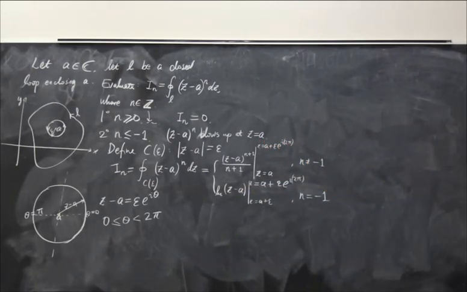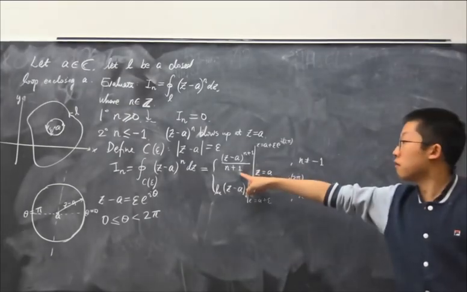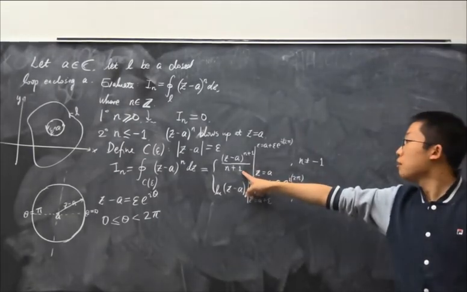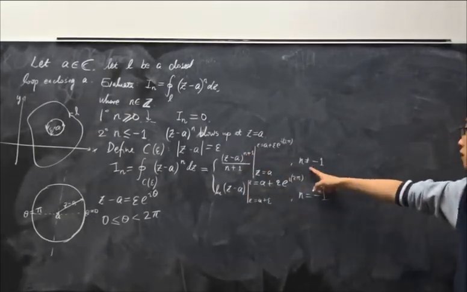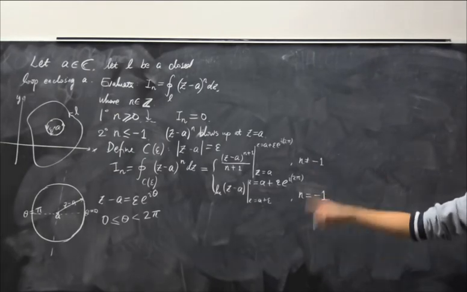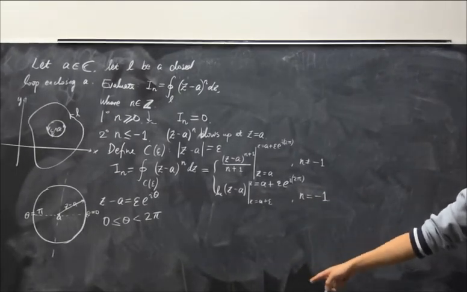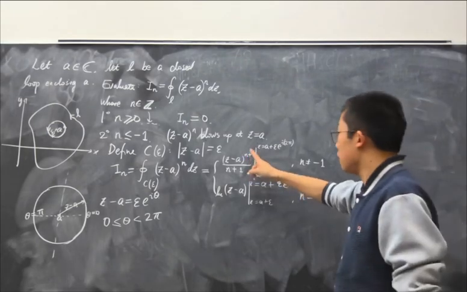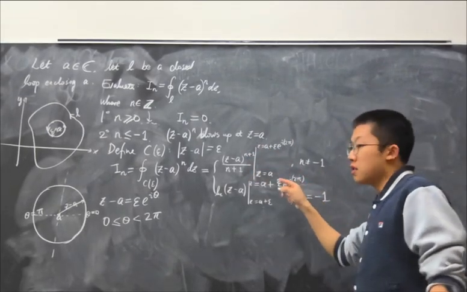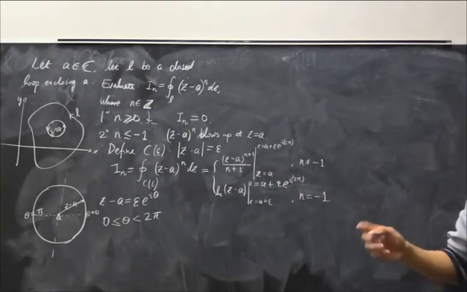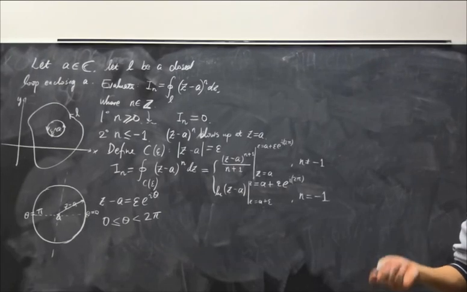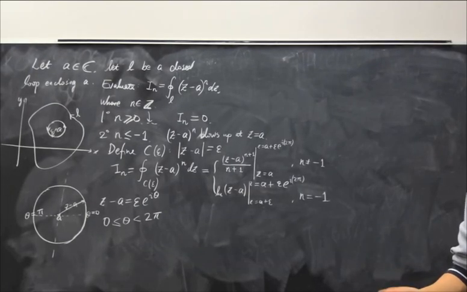Let's see. If we look at this function, there's no problem. Because when n is not negative 1, it has to be negative 2, negative 3, negative 4, negative 5. So this is literally just 1 over z minus a to some positive integer power. It is not a multivalued function, and we're all good.